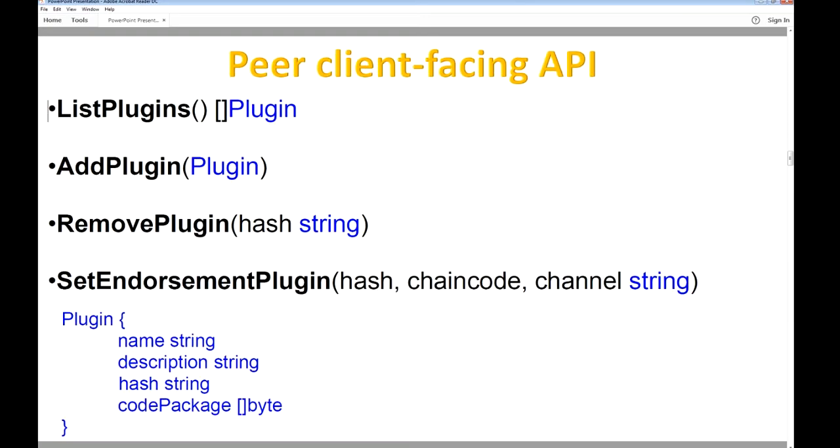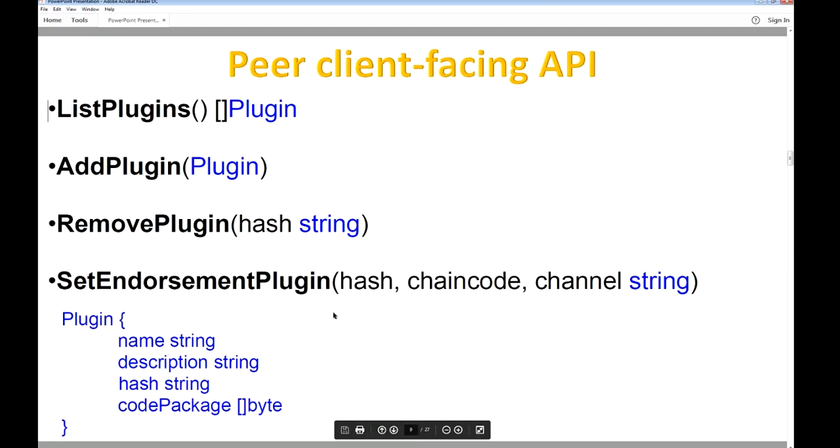All right, so how does the admin interact with the peer? It will have basically four, mainly three, API calls: a list plugins API call, an add plugin API call, and a remove plugin API call. And in certain rare circumstances, the admin could override a plugin for endorsement in case it wants to do something special.